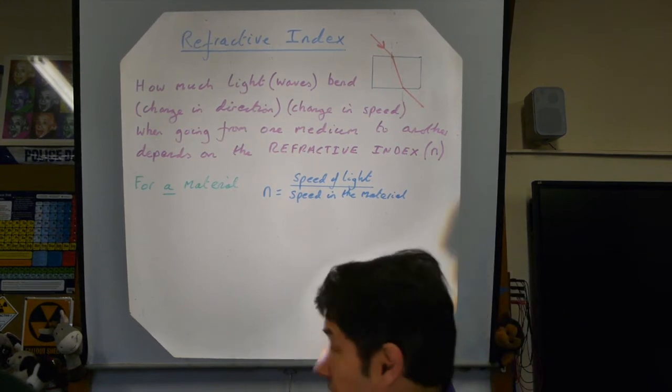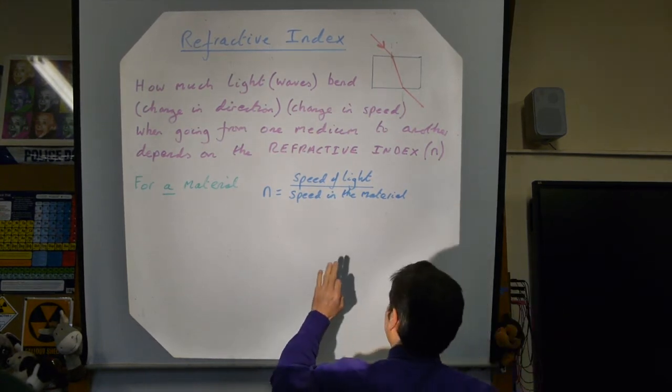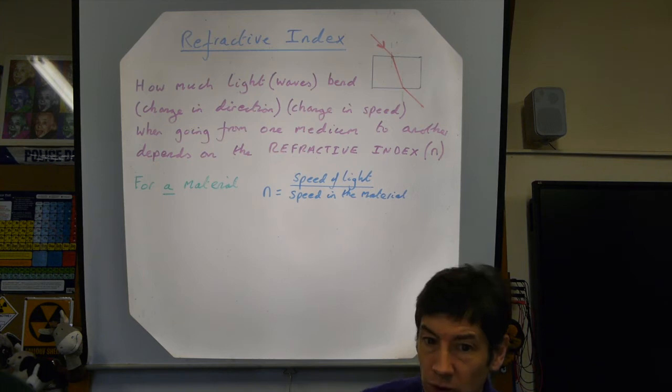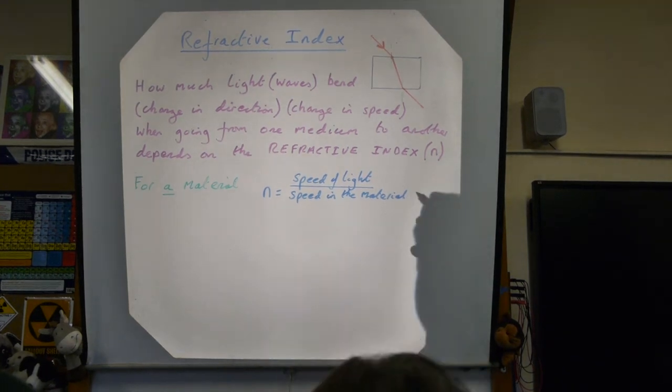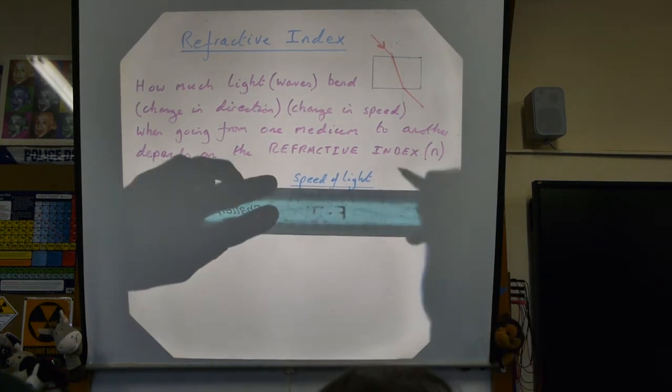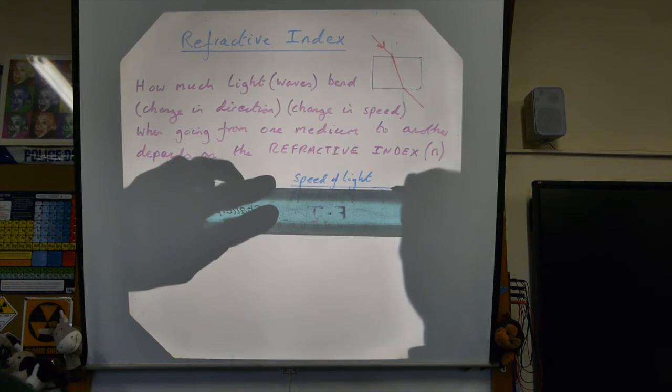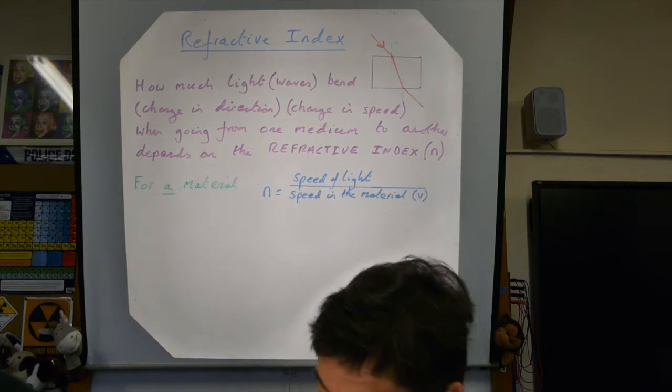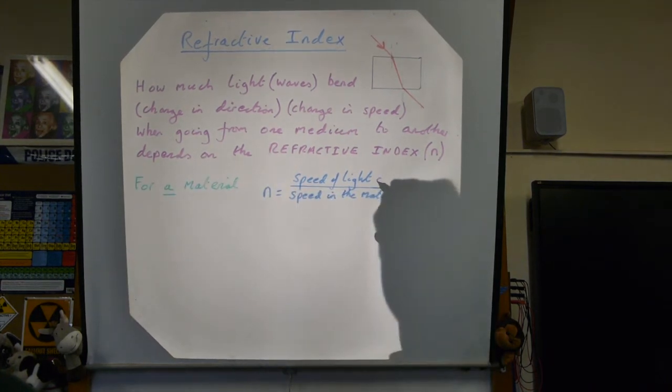Now I've got to be a little bit careful here because we'll call the speed in the material v. And then the speed of light, this is a little bit annoying, is given the symbol c, but it's a small c.